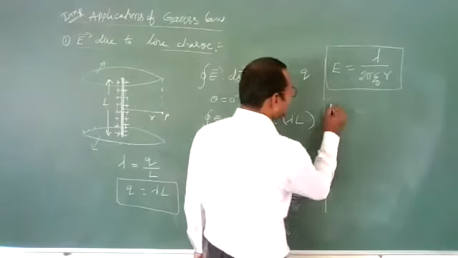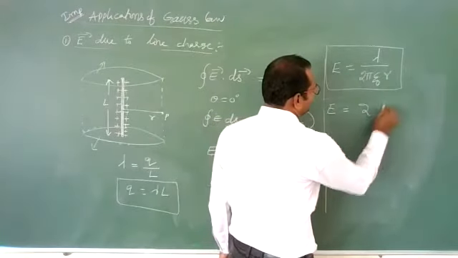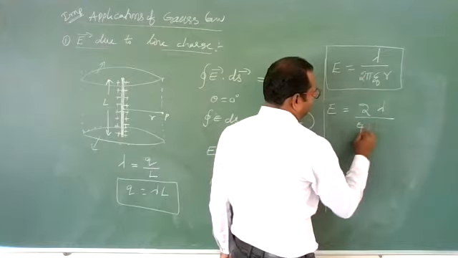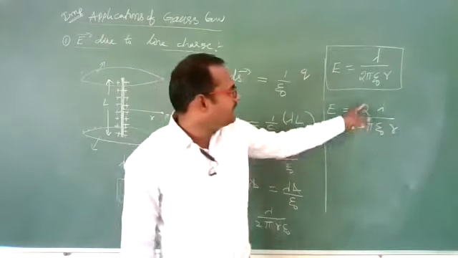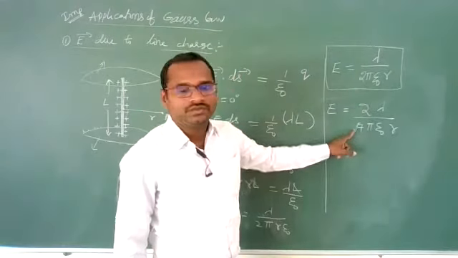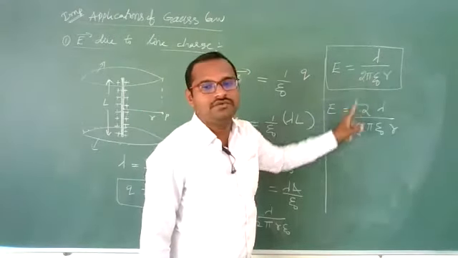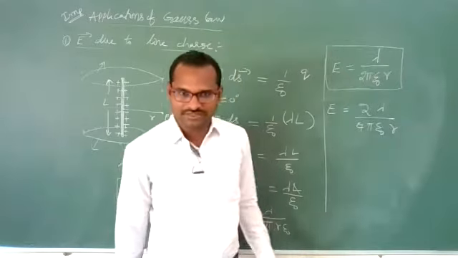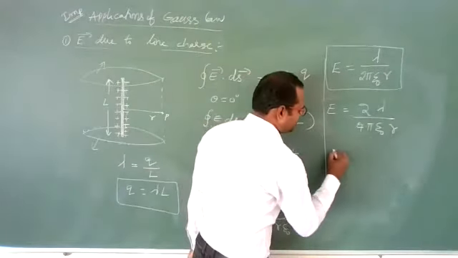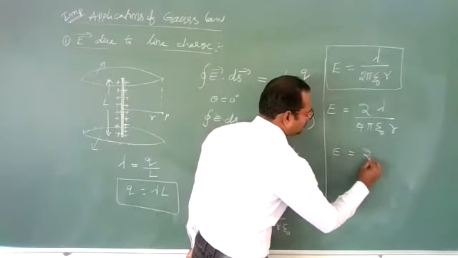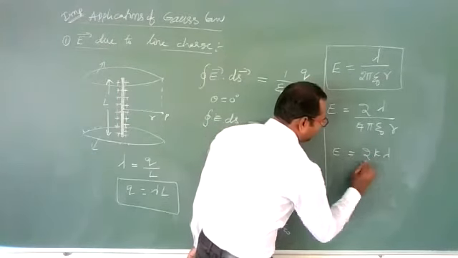It can be written as 2 lambda divided by 4 pi epsilon naught into r. Multiply and divide with 2. It will become 2 lambda over 4 pi epsilon naught. As you know, the value of 1 by 4 pi epsilon naught is k. So it can be written as 2k lambda by r.